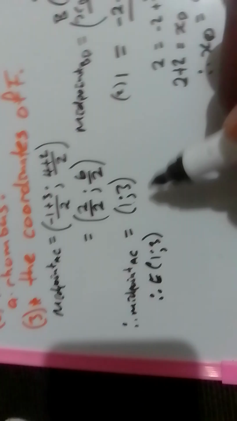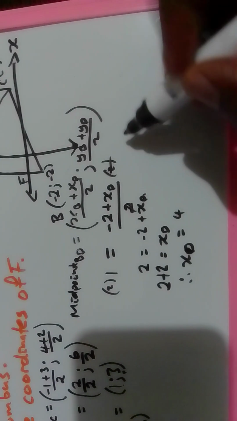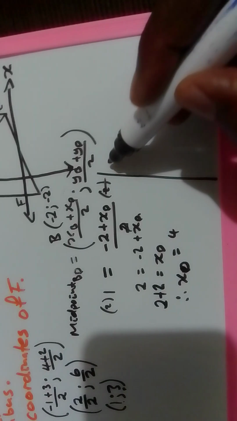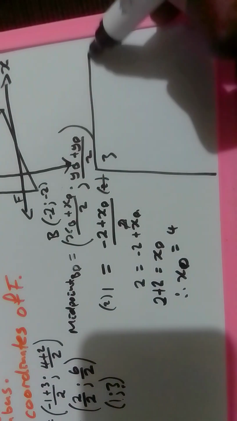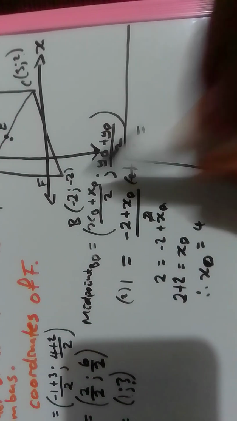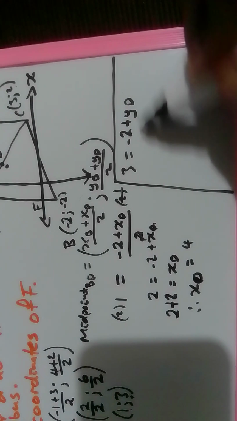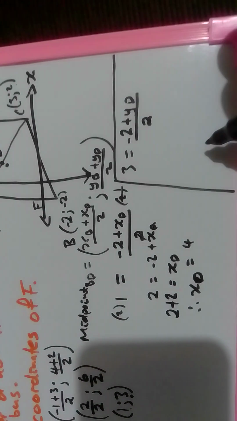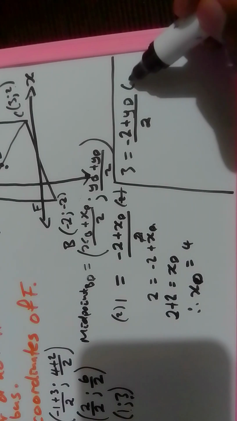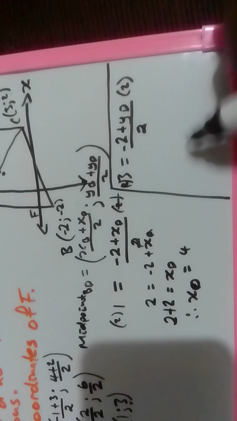Now I must find the y. I come to the y of the midpoint, which is 3. So I now say 3 is equal to, my y at point B is negative 2, so I've got negative 2 plus my y at point D that I do not know, all over 2. I multiply by 2 and I multiply by 2.